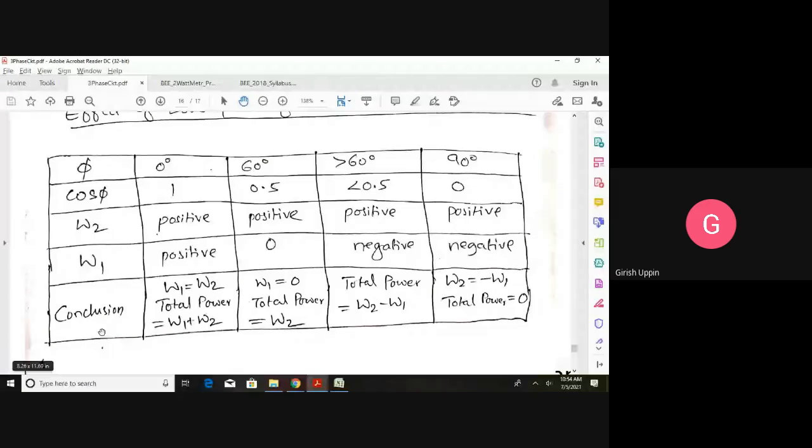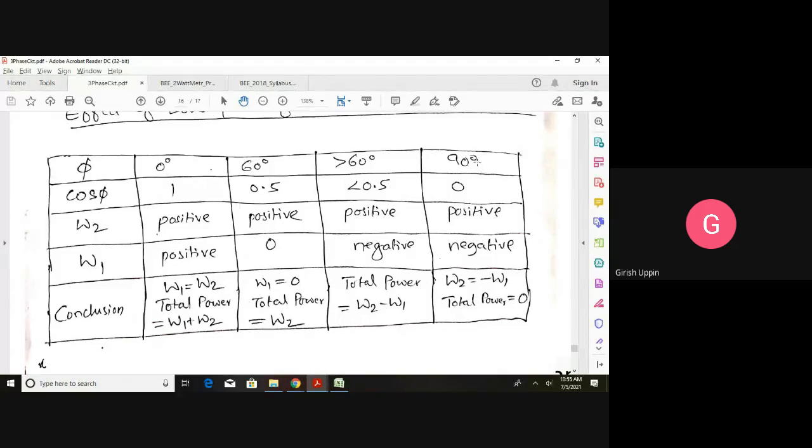And this is the conclusion. In case of pure resistive load, W1 is equal to W2, both values you get the same, and total power is W1 plus W2. If it is 60 degrees, wattmeter 1 will read 0, so total power is W2. And if it is greater than 60 degrees, W1 will have a negative value, therefore you get the total power as W2 minus W1.